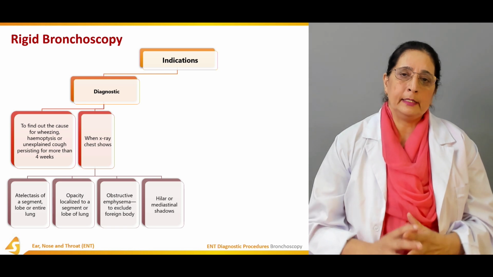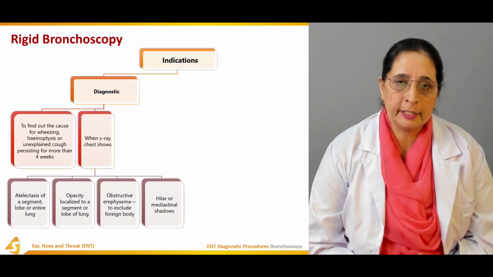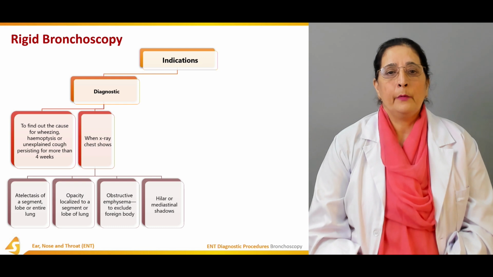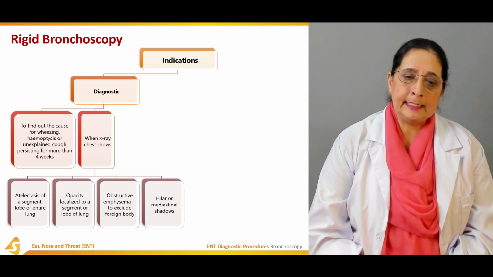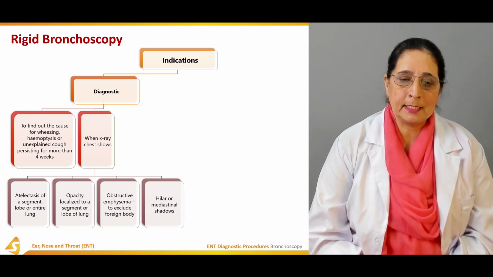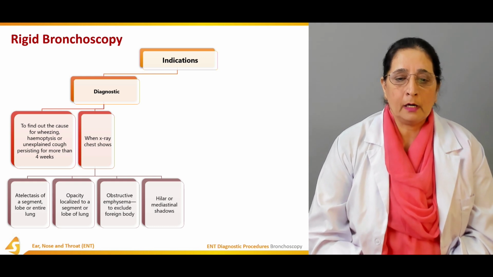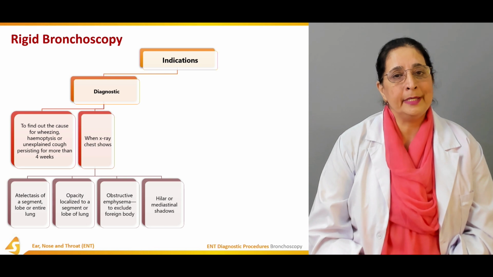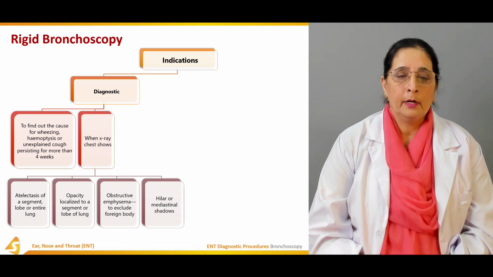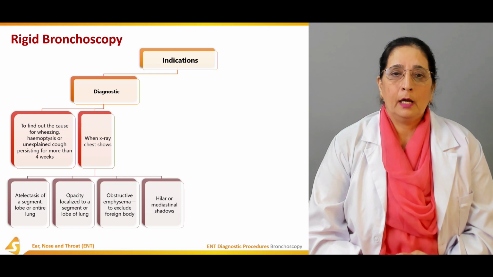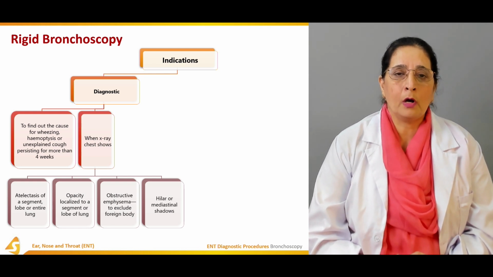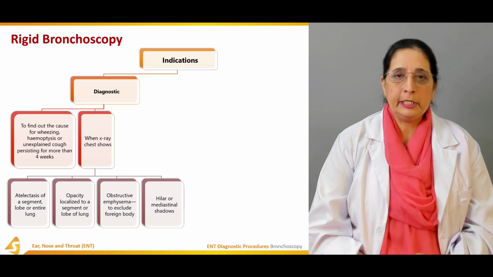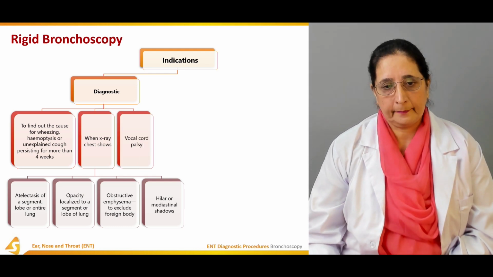So all these are indications for rigid bronchoscopy when the chest X-ray shows atelectasis, opacity, emphysema, or hilar or mediastinal shadow. We should go for rigid bronchoscopy to find out the cause of these conditions.